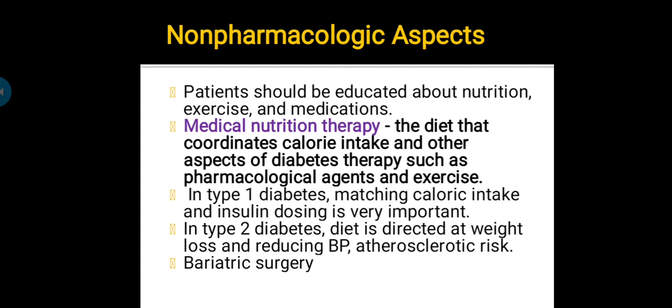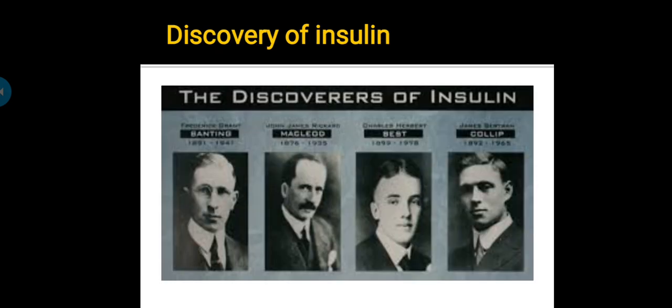Comorbidity means hypertension, dyslipidemia, or other ischemic heart disease, myocardial infarction, etc. And if BMI is more than 40 without any comorbidity, then also bariatric surgery is indicated.